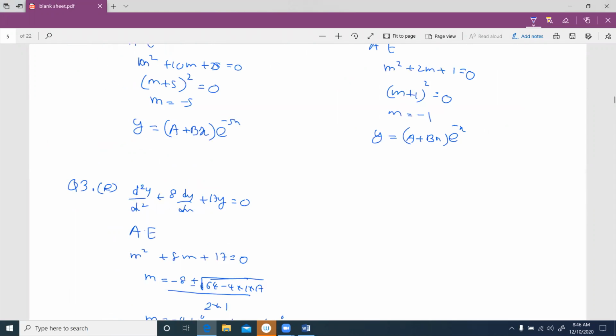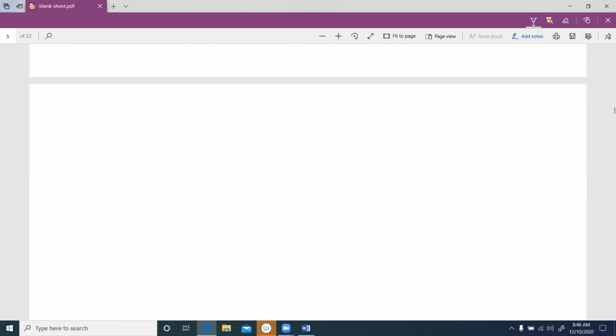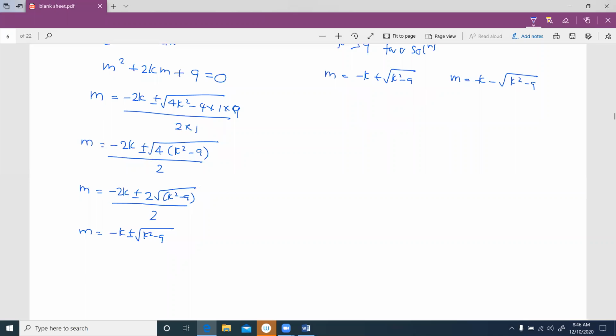So with that, you can write y equals a e to the power of (minus k plus the square root of k squared minus 9) x plus b e to the power of (minus k minus the square root of k squared minus 9) x. That's the answer for that. So simply you can write the answer in this format.